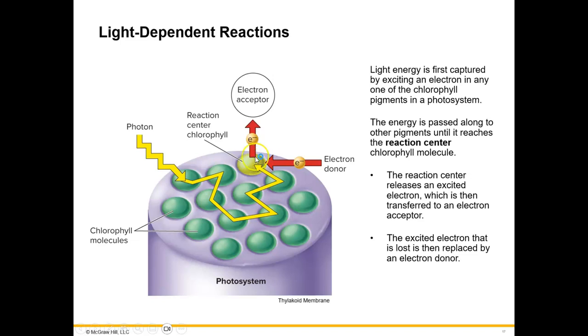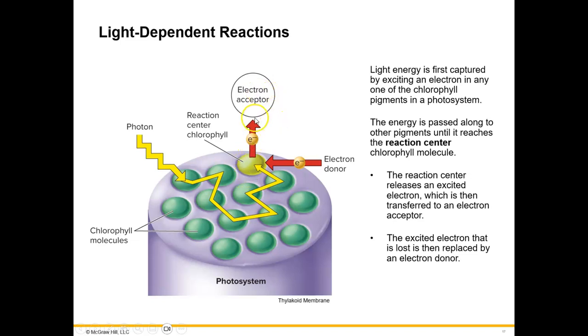Only once it reaches this specific chlorophyll pigment, which is called the reaction center chlorophyll, will it be able to actually pass that excited, energized electron on to an electron acceptor. And when we say electron acceptor, we literally just mean anything that is able to accept an electron. So whatever is there and available to make a bond with that electron.